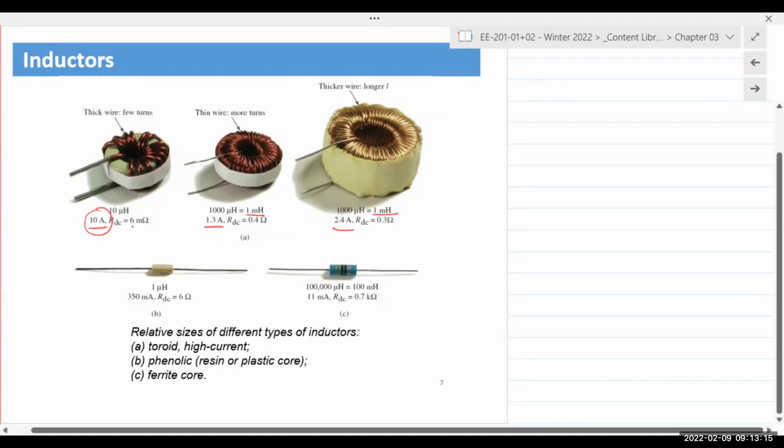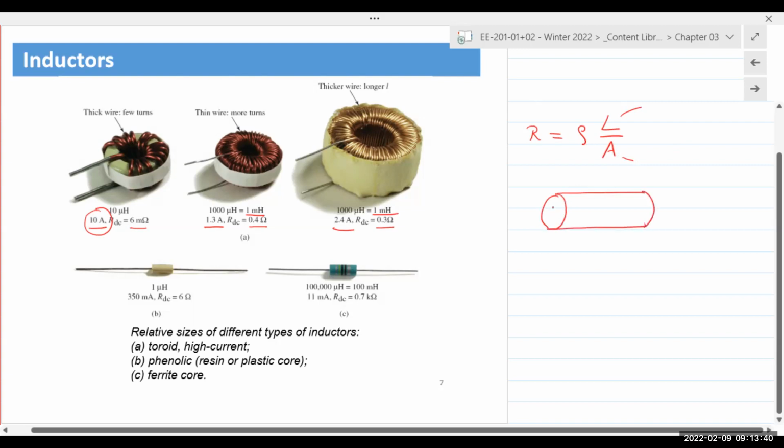Also, 6 milliohms versus 400 and 300 milliohms. So resistance R is defined as rho L over A. L, of course, is the length of the wire. A is actually the cross-section area of the wire.